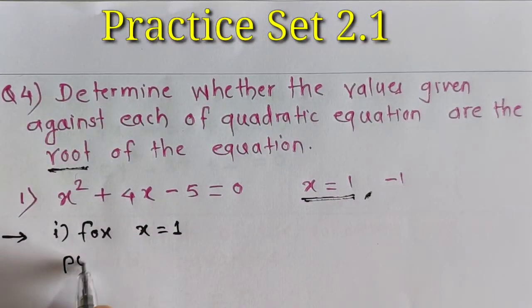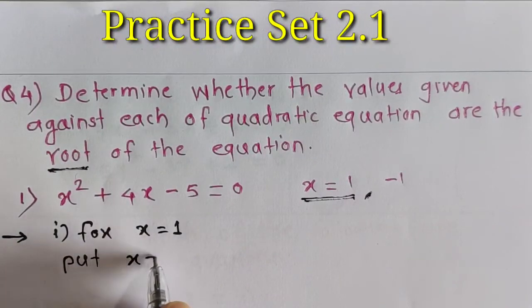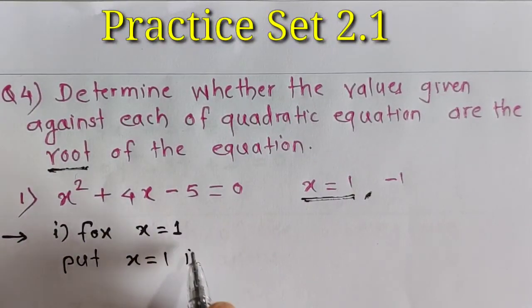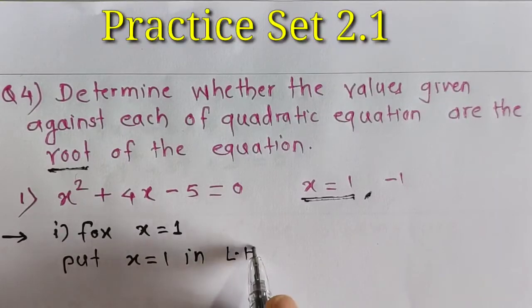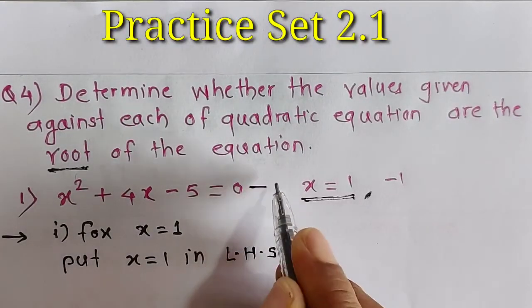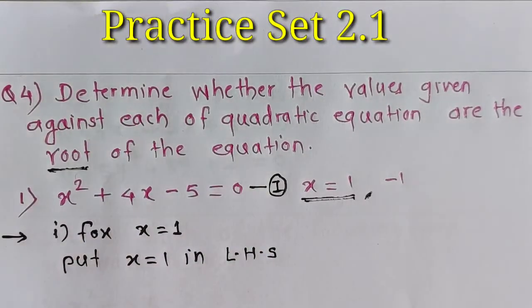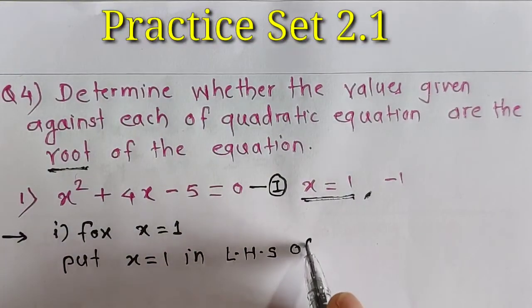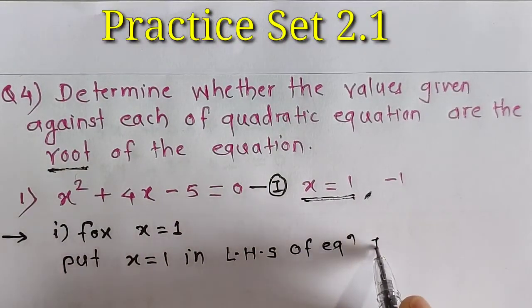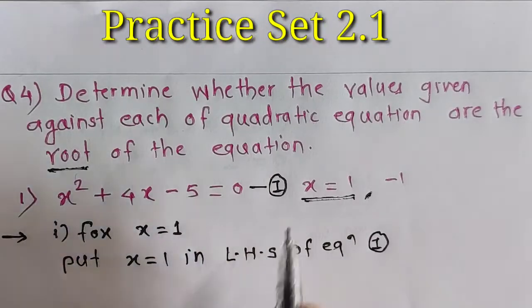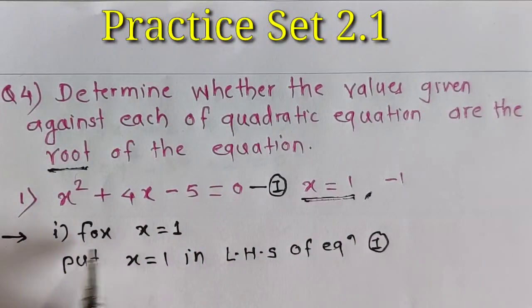Put x is equal to 1 in the left hand side. Let the given equation be equation 1. Now for x is equal to 1, put x is equal to 1 in the left hand side only.